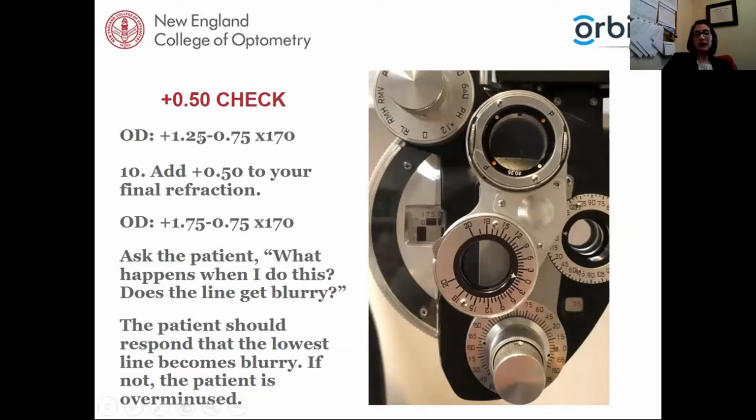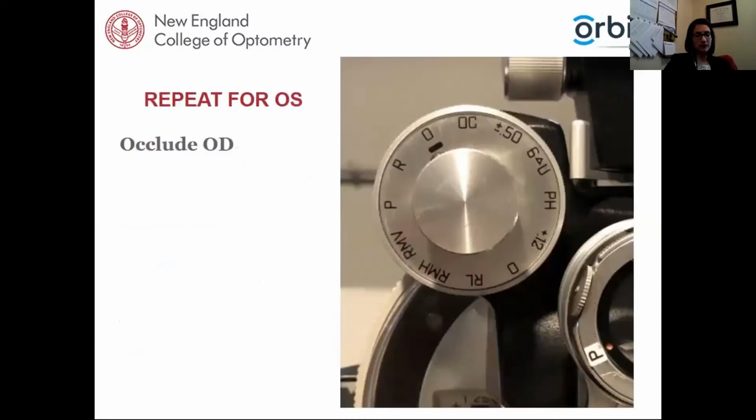So if, in this example, I go from plus 1.25 to plus 1.75, and they can still read that 20/20 line perfectly, then I would probably give them the plus 1.75, or maybe plus 1.50, but definitely not the plus 1.25 because they're still able to read very clearly with the more plus. I don't want to give them more minus power unless they need it, because that can cause them to over-accommodate, which can cause headaches, and we don't want to do that.